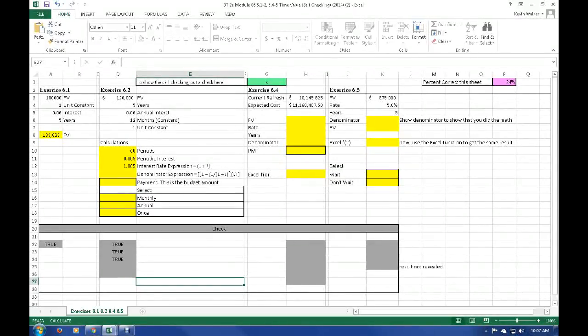Now, so your interest rate expression, you want to know this by month. Every time you make a payment, because what we're trying to do here is a bunch of shorthand, so that you can divide this number, your denominator expression, into the amount you're borrowing to find out what the payment is. This is the old school way of doing it, and I'm not hyper fussed whether you know how to do this.